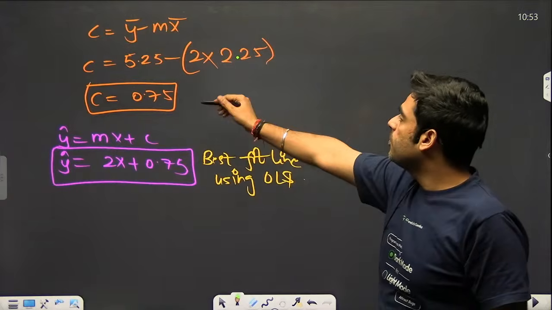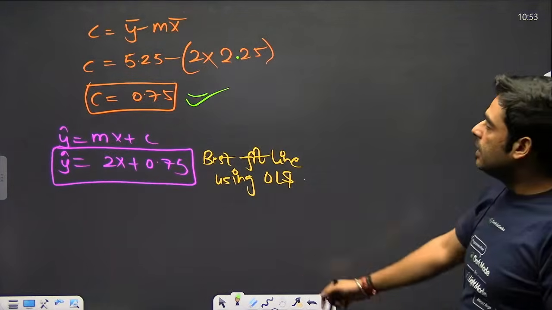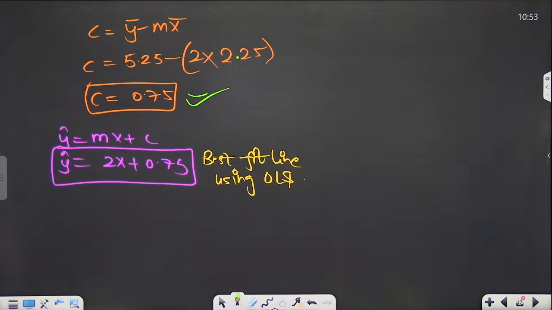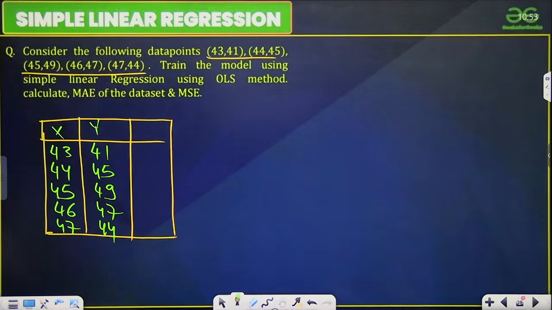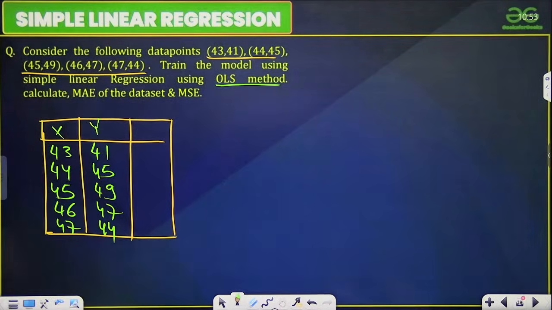From here I can obtain the value of c. So the best fit line would be y hat equals 2x plus 0.75. So this is how you have to proceed. I hope Ranjan this is clear now. Now in the next question we have to use OLS method.